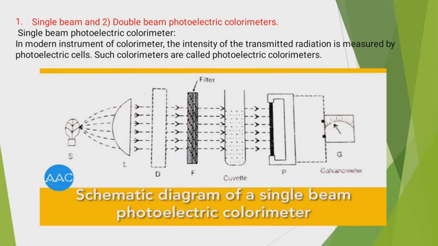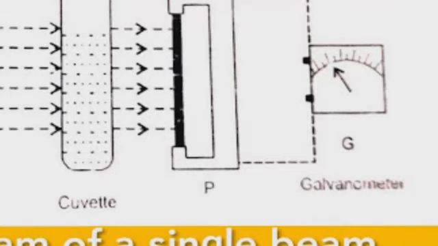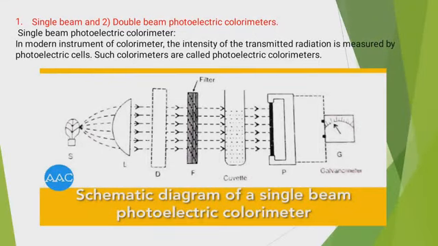These are the collimating lenses, D is the diaphragm, F is the filter, and this is the cuvette used for holding samples. P is the photovoltaic cell, on which the radiation falls. This is the galvanometer, which is used for detection of the radiation.